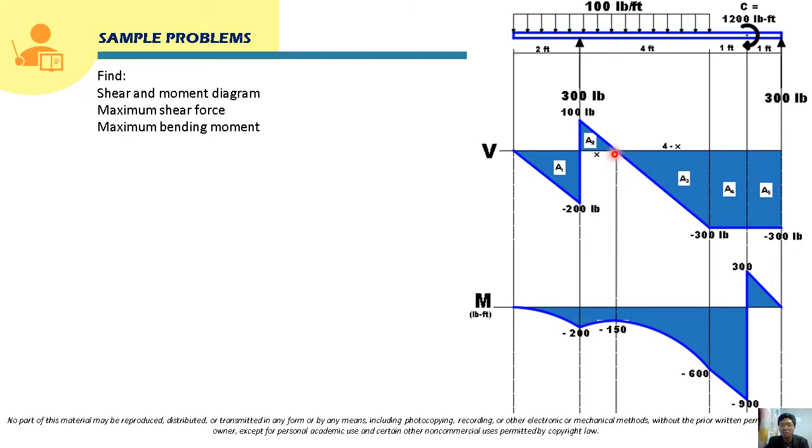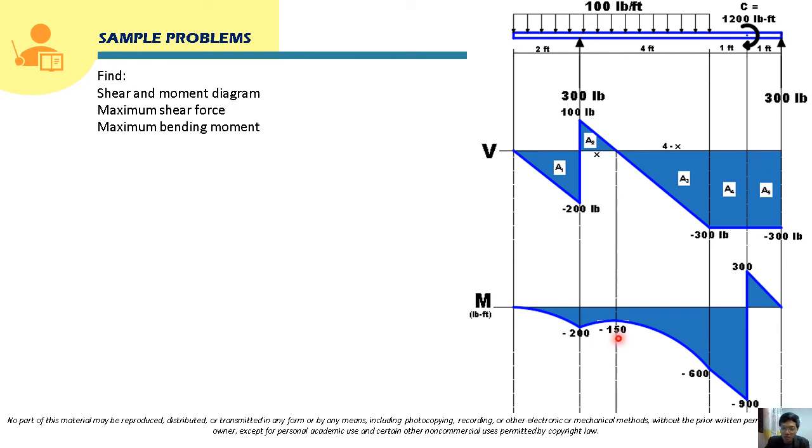And then at this point, this is at x equal to 3, since this is 2 and this distance is 1, so this will be 1 plus 2. So at x equal to 3, class, the moment that we computed is negative 150.